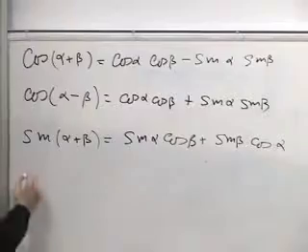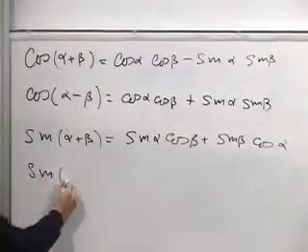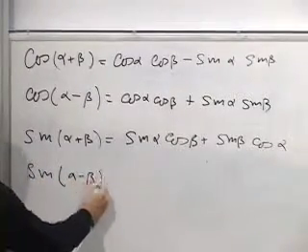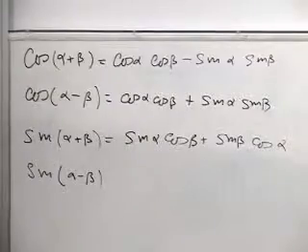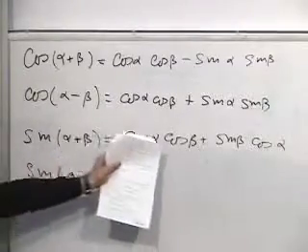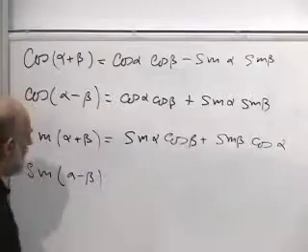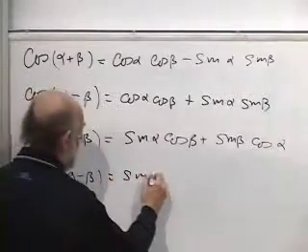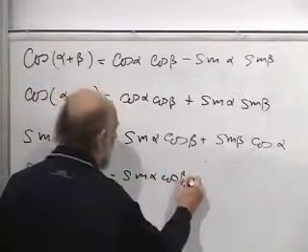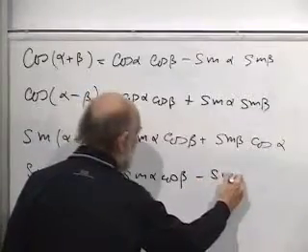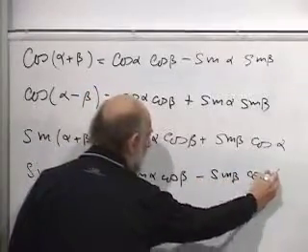And while we're at it, let's also do sine of alpha minus beta. Again, all I've done is change beta. It doesn't change the cosine of beta, but it does change the sine of beta. So this becomes sine alpha cosine beta minus sine beta cosine alpha.